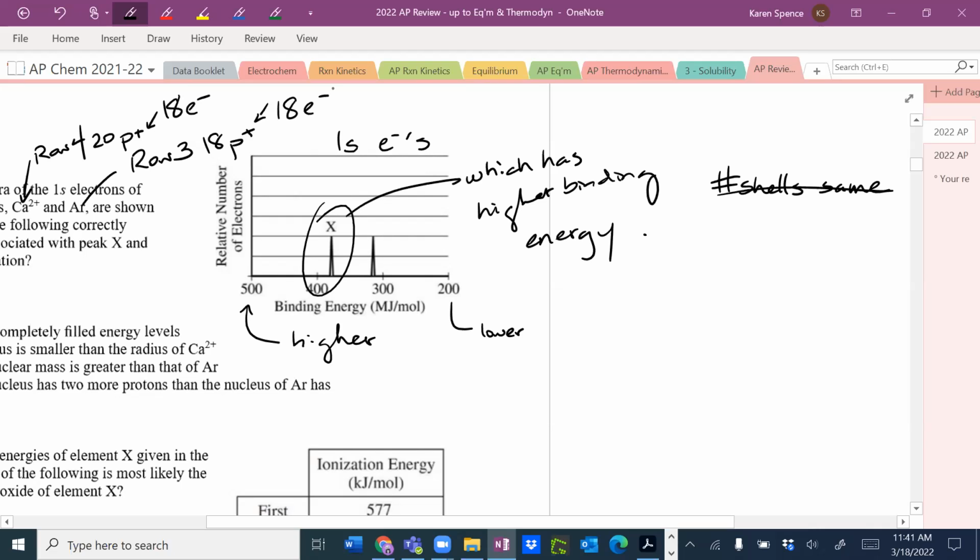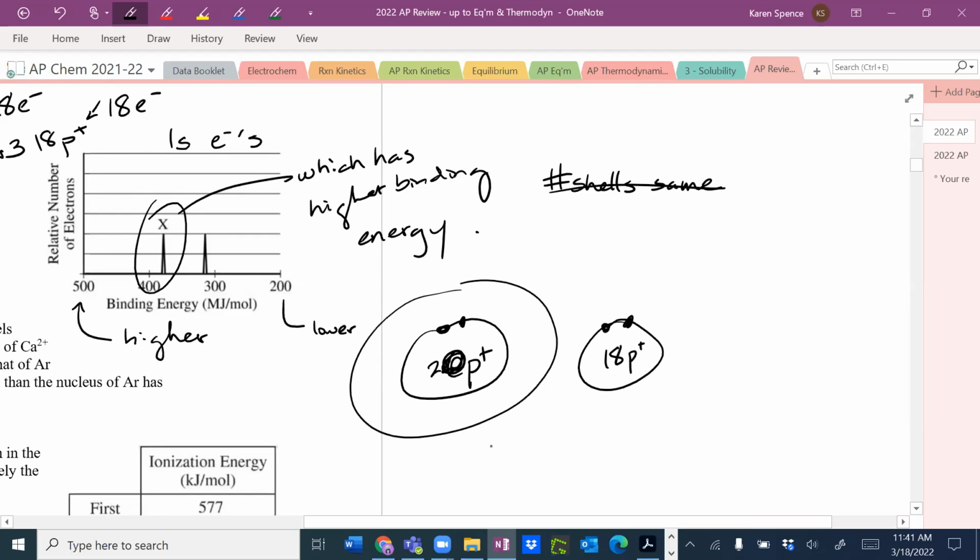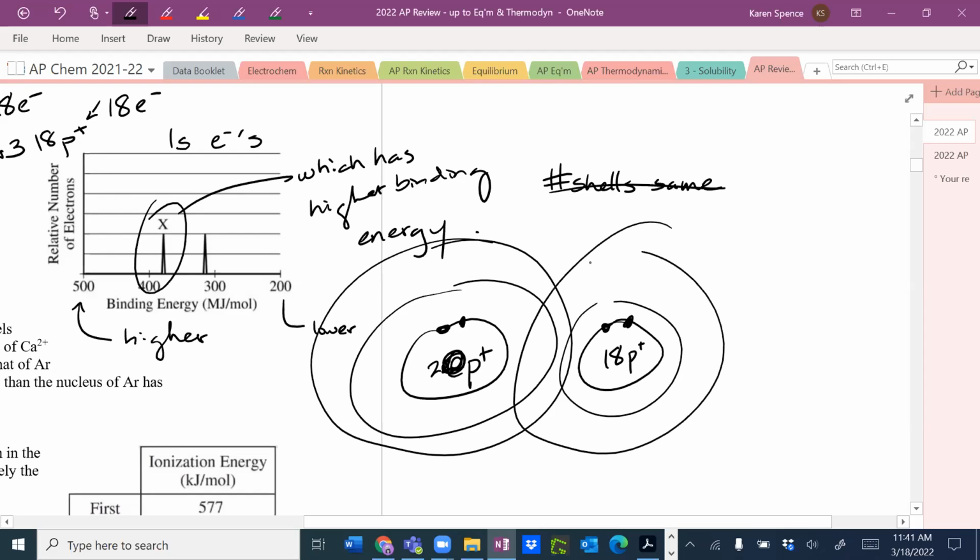This would be a different story if we, well, actually, it wouldn't be a different story because we're looking at the 1s. So it really doesn't matter if we've got 20 protons and 18 protons. If we are dealing with the 1s shell, that's our first shell, do the electrons really care too much about what's happening outside of this area, just right in here?